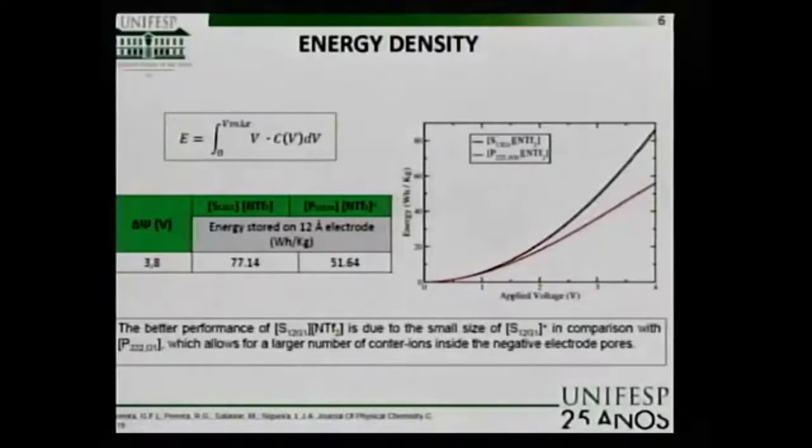This is at first unexpected, but considering the limit of the electrochemical stability window of the sulfonium ionic liquid at 3.8 volts, the supercapacitor with this ionic liquid can store almost 50% more energy than the supercapacitor with the phosphonium-based ionic liquid. So we can conclude until here that the better performance of the sulfonium ionic liquid is due to the small size of the sulfonium cation in comparison with the phosphonium cation, which allows for a large number of counter ions inside the negative electrode pores.